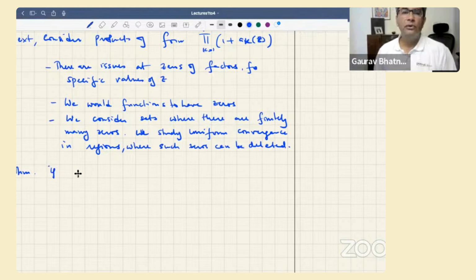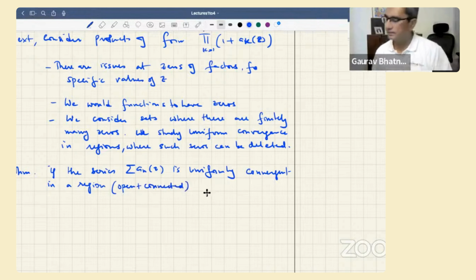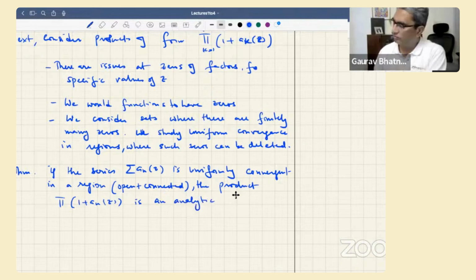That's all. So if the series summation a_n(z) is uniformly convergent in a region, so region is the usual region, an open plus connected set, then the product of 1 plus a_n(z) is an analytic function.